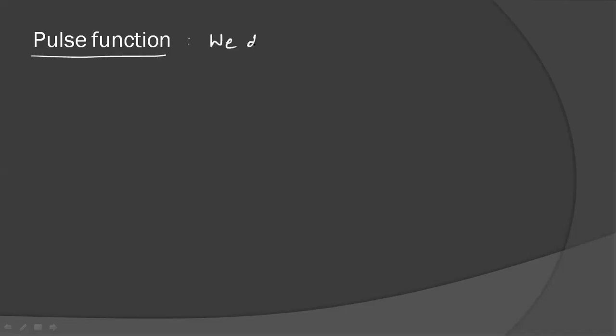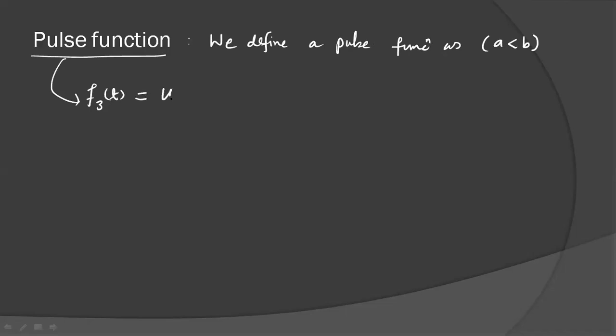We define a pulse function as, if a less than b, f3(t), which I am representing as a pulse function, is equal to u_a(t) minus u_b(t). It is a difference of two unit step functions, a and b.